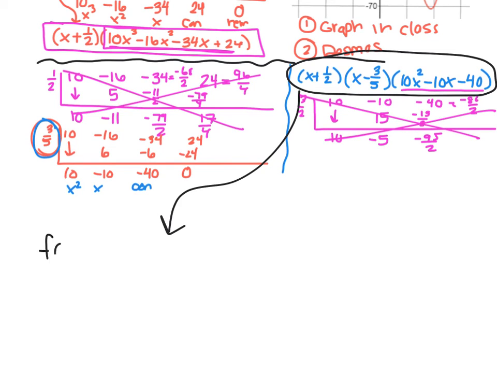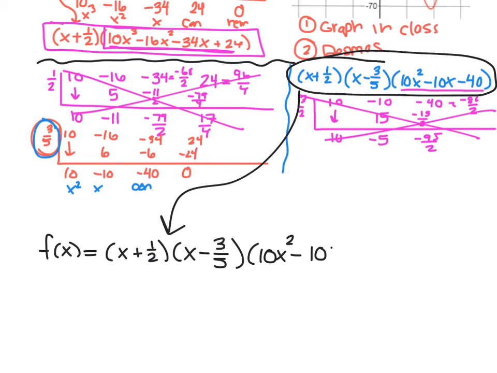So currently I have f of x is equal to x plus 1/2, then x minus 3/2. So that accounts for those two values I found in negative 1/2 and positive 3/5. And then I have 10x squared minus 10x minus 40.